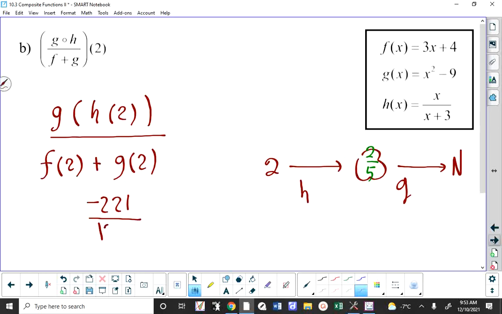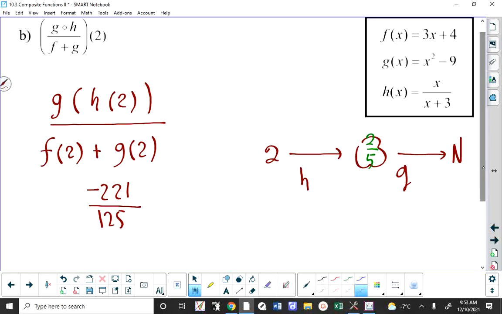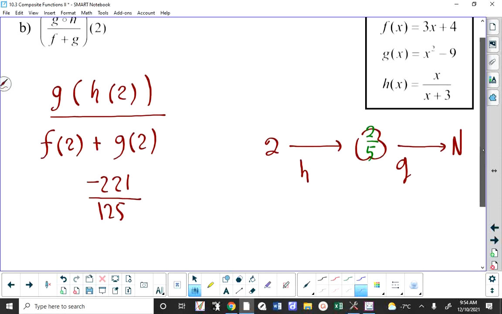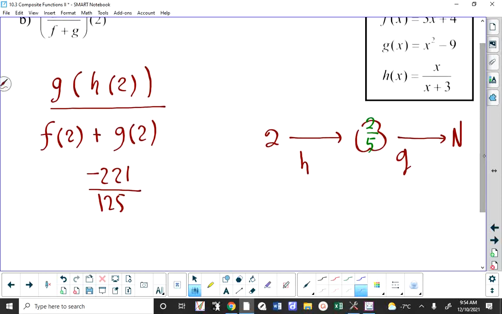Good? Thank you, Sienna. Over, well, what's f of 2? We put 2 in for x in f and get 10. We put 2 in for g and get negative 5. I believe we have 10 plus negative 5.